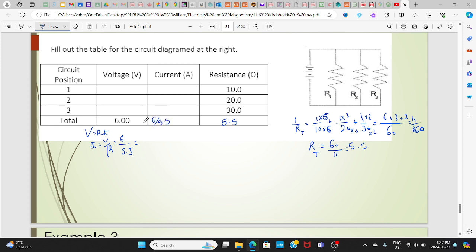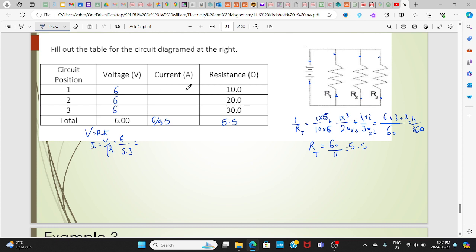The current will, of course, be different here, but the voltage across the battery should be the same as the voltage across all of these loads, correct? Because this is parallel. So the voltage here is going to be 6 everywhere.